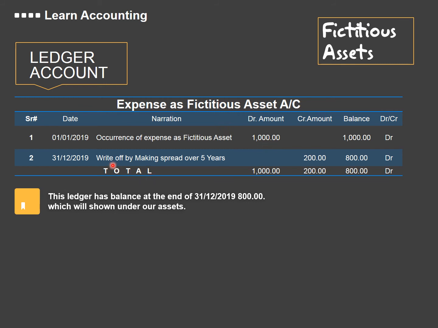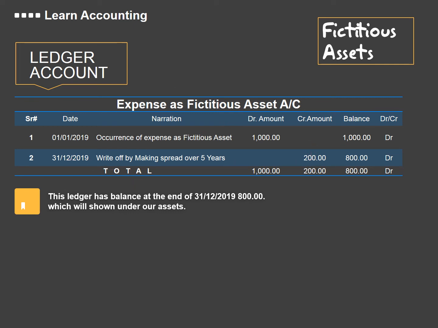While writing off for 5 years, the first year at 31st December 2019, this expense occurred on 1st January 2019. You can say this is a preliminary expense, like a preliminary business expense. And on 31st December 2019, we write off for 1 year. So we recorded here 200. So this ledger has a balance at the end of 31st December of $800, which will be shown under our assets. So our asset will decrease and our expense will increase by 200 in December 2019.